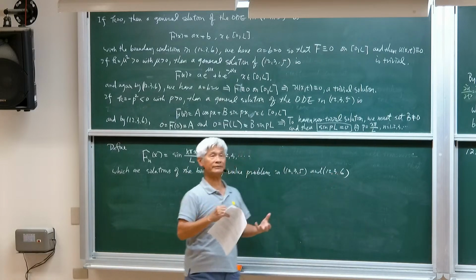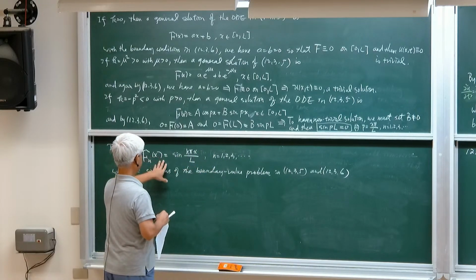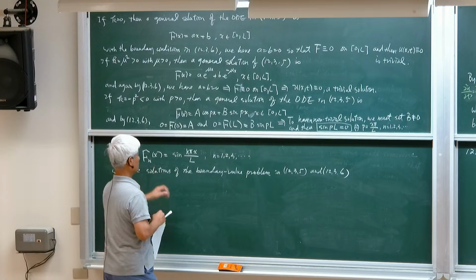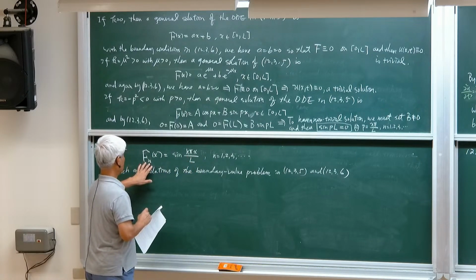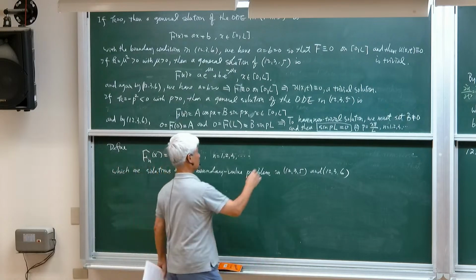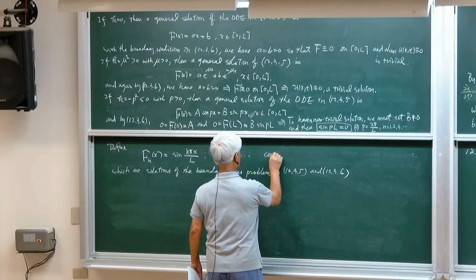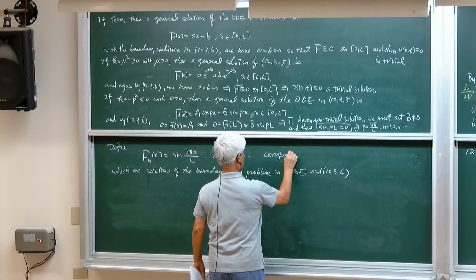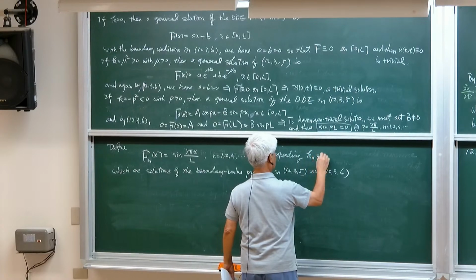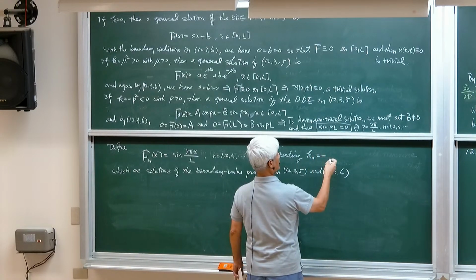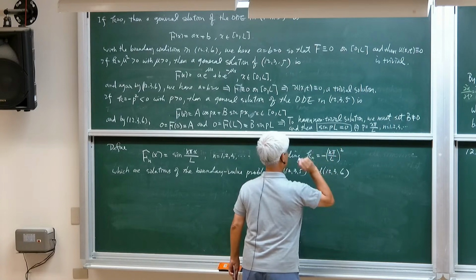So this is a boundary value problem, and we find that for each n, the corresponding k sub n is minus (n pi over L) square.